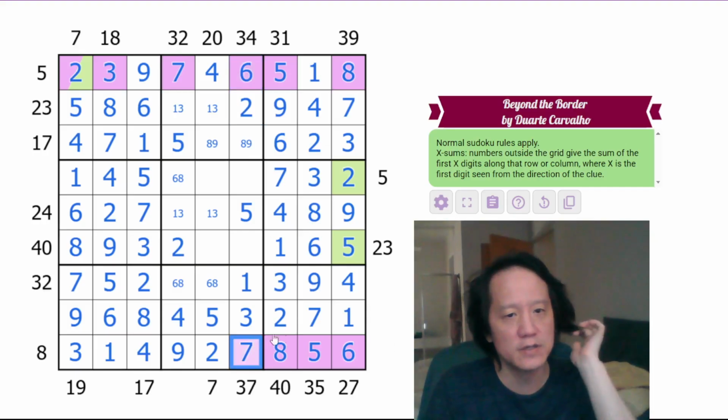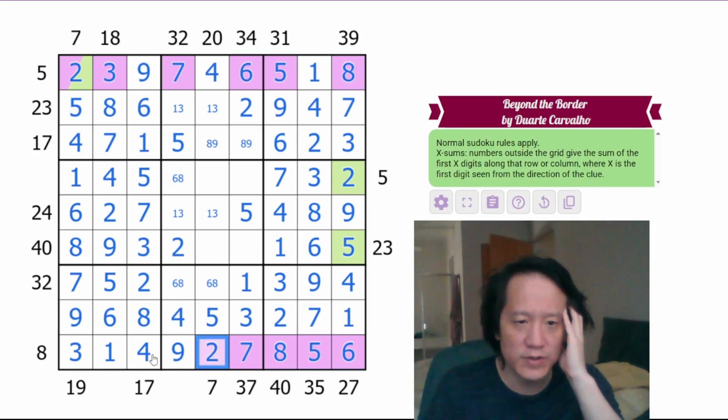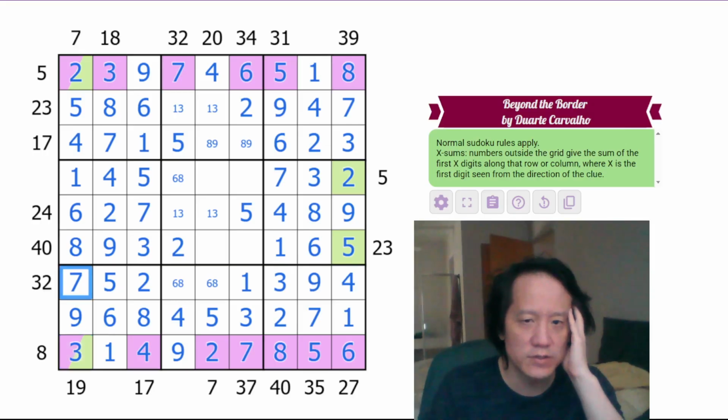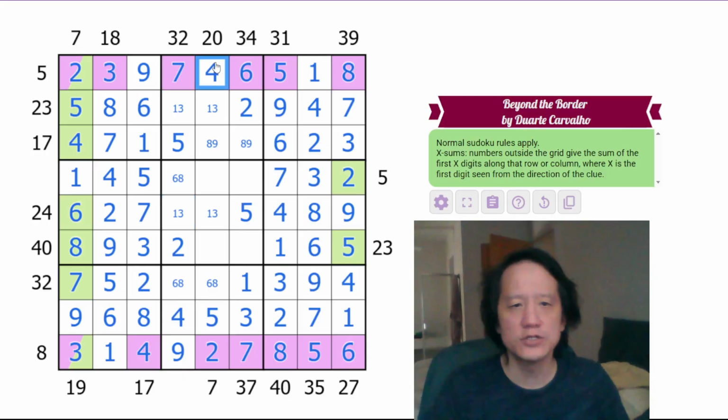So this is done. 2 and 5 add up to 7. 4, 2, 8, and 3 add up to 17. And this works both ways. Also, we've done all these. So we satisfied this, and these two. So we just have that one now.